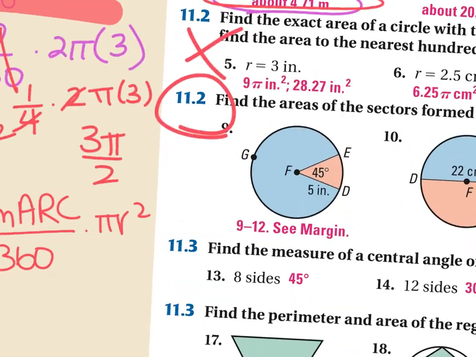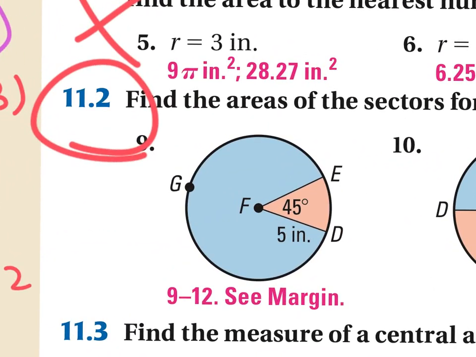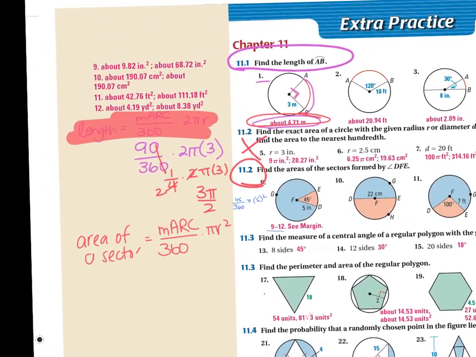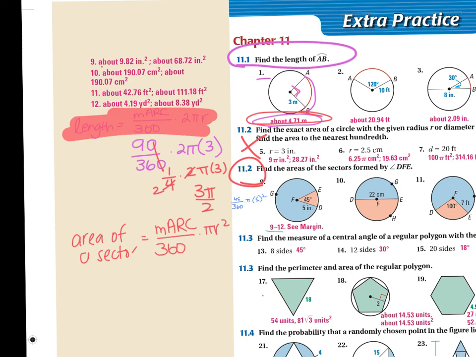So for something like number 9, this would be 45 over 360 times pi times 5 squared. And again, you can use the calculator. Number 9 would be 9.82.